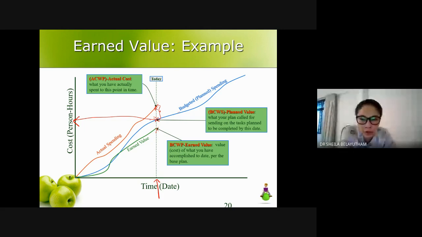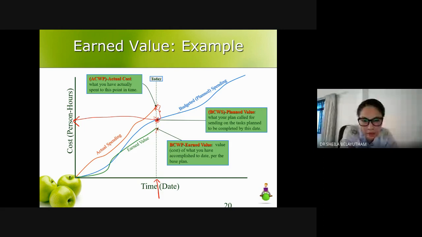How about in terms of the progress? What can you conclude from here? Late, right? Late, and then it is delayed. So the progress is not as what you planned for. You have planned to complete this much of work. This is your planned value.